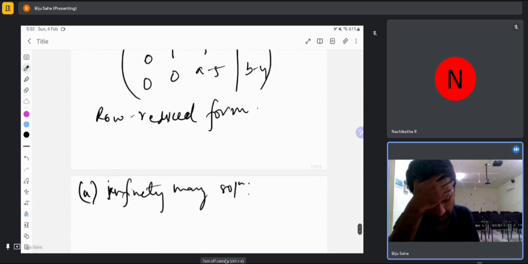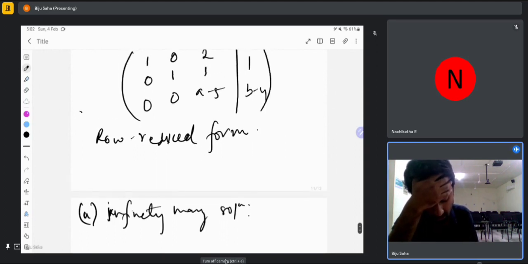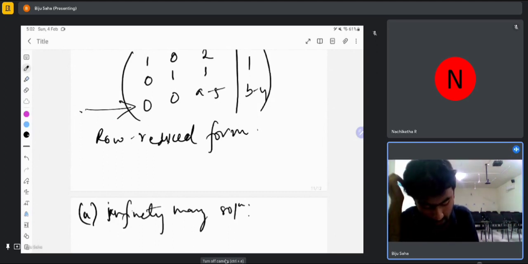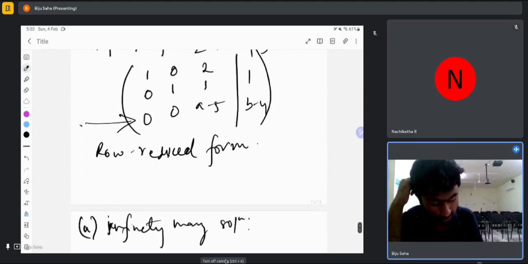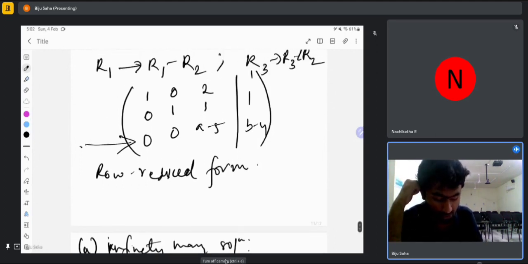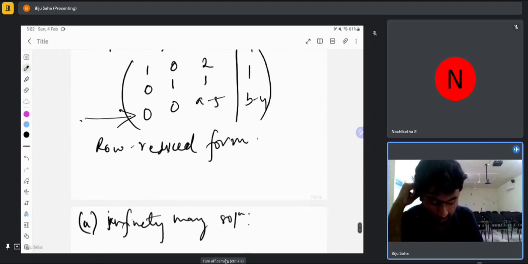So that says that this row should have all the elements equal to 0, because had it contained one non-zero element, that would make the rank of the matrix equal to 3, which is equal to the number of variables. But we want infinitely many solutions.